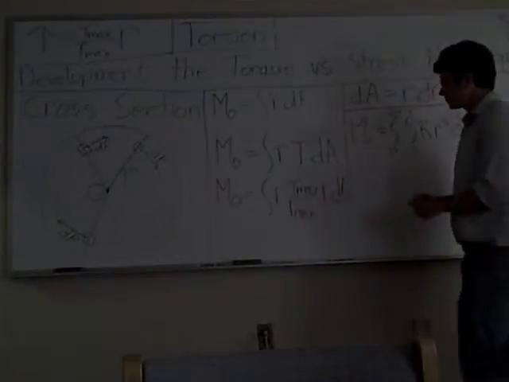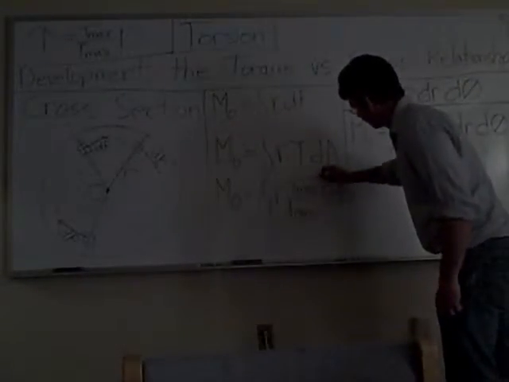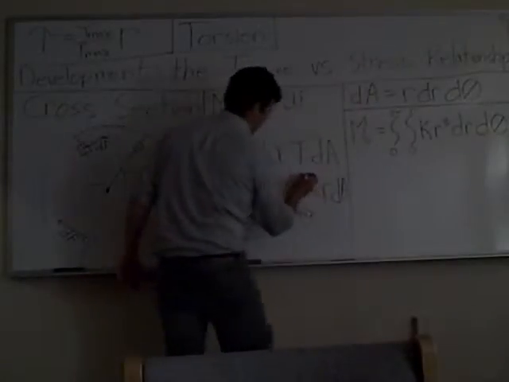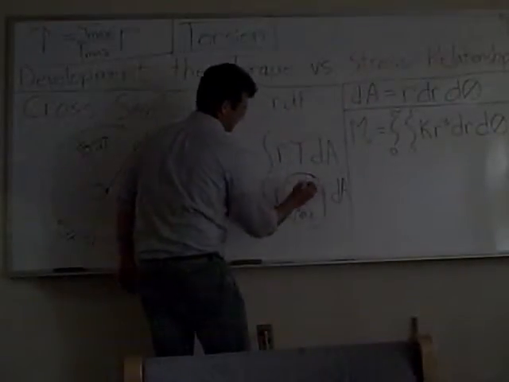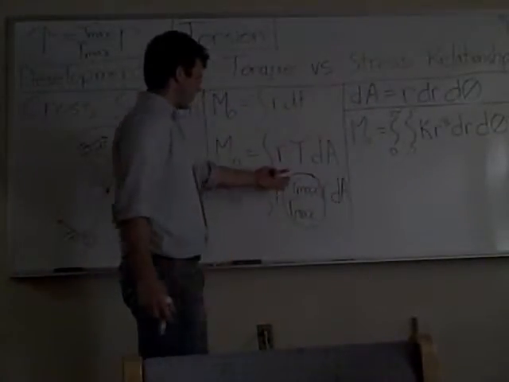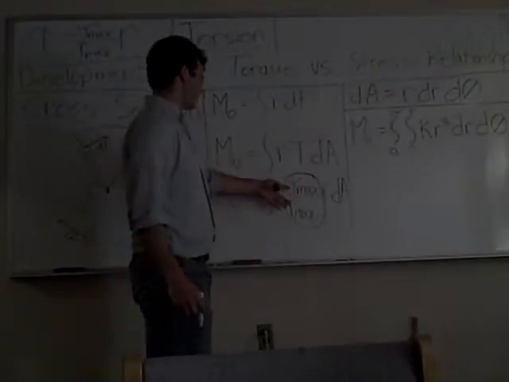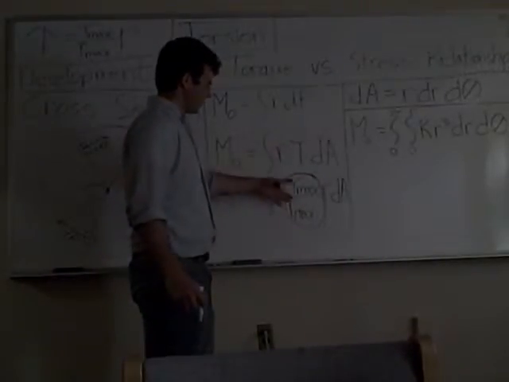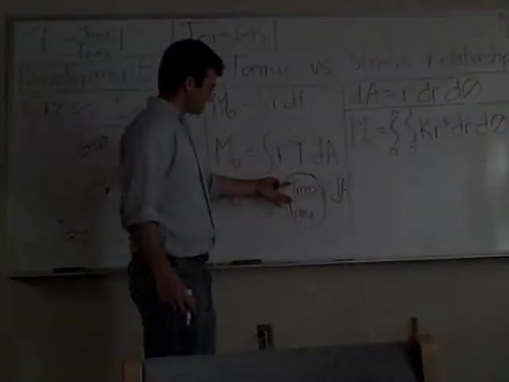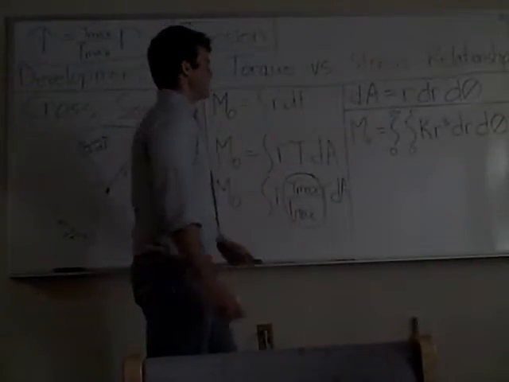And I substituted in k, which stands for constant, for our max stress over our max radius. For any given rod under any given torque, this is going to be a constant.